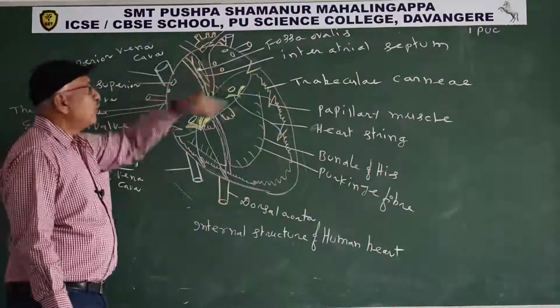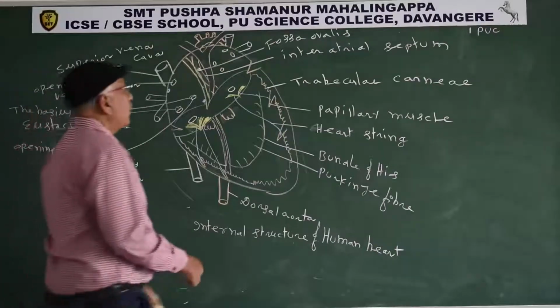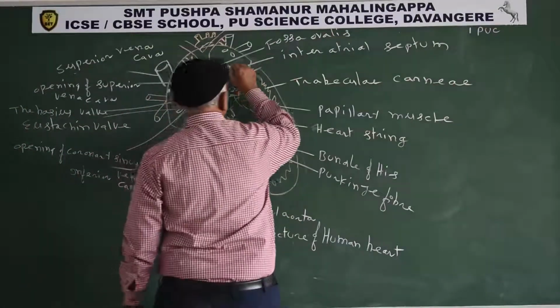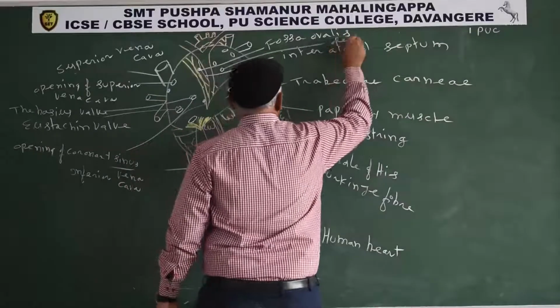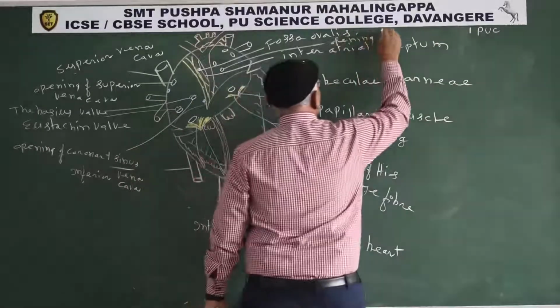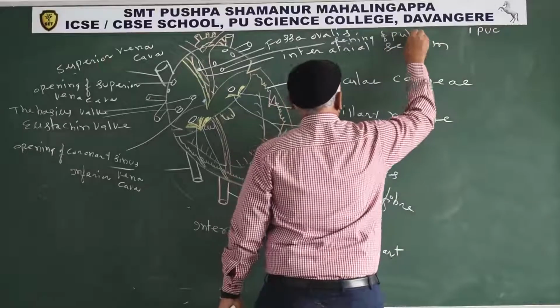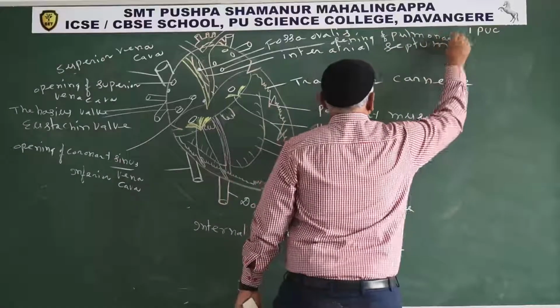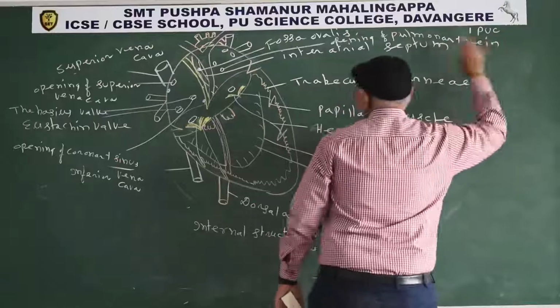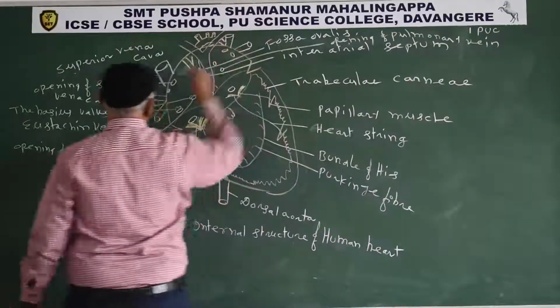The left atrium contains 4 openings, the openings of the pulmonary veins.